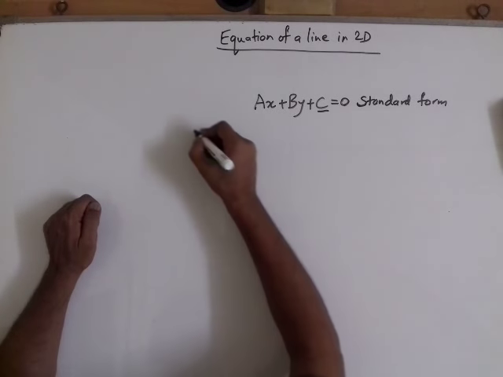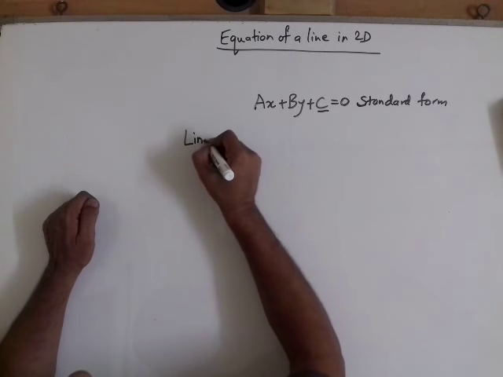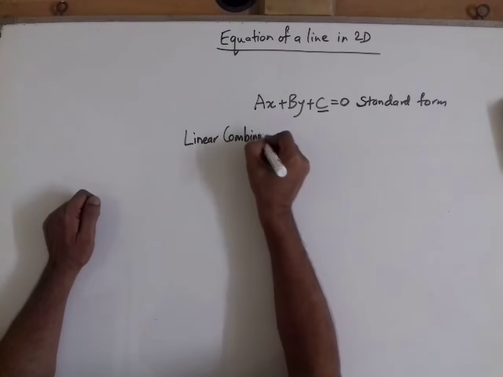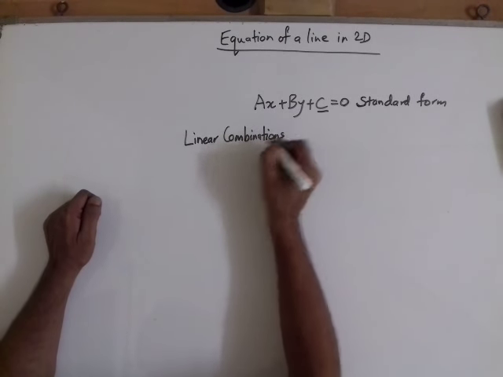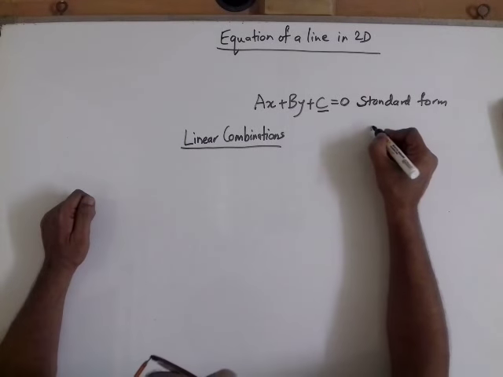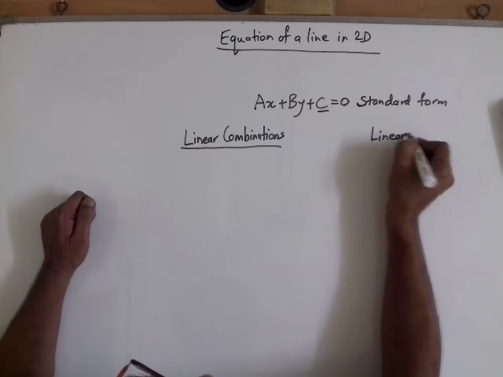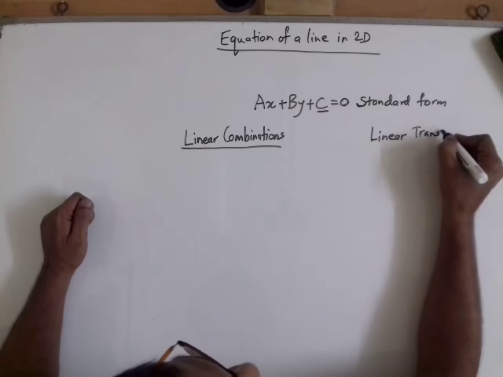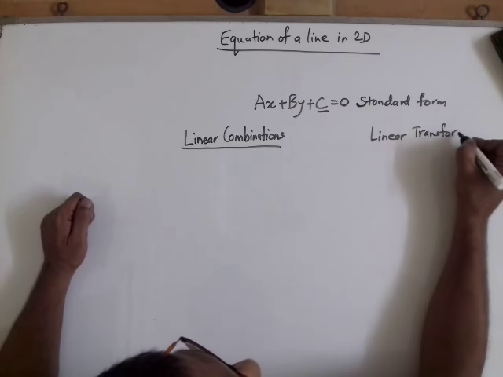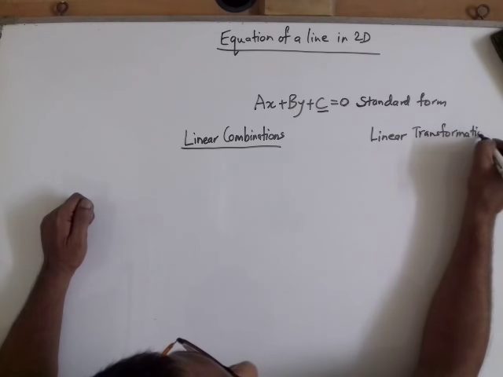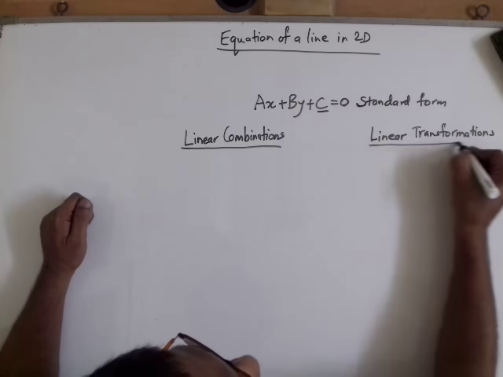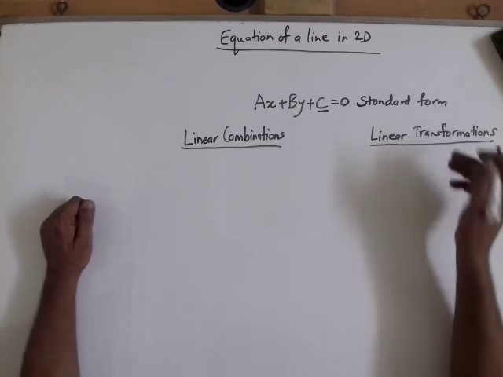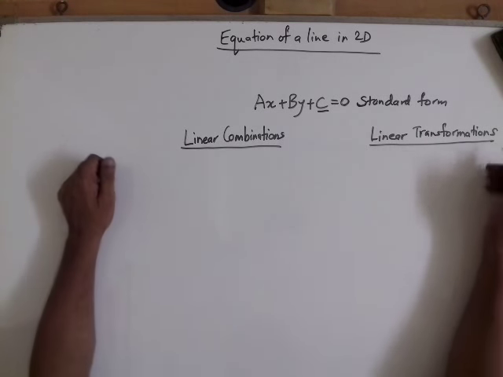The first context is linear combinations, which we have studied. The second is linear transformations, which we have not studied, but we can talk about them and then bring up this equation again. It will anyway come up when we do linear transformations.